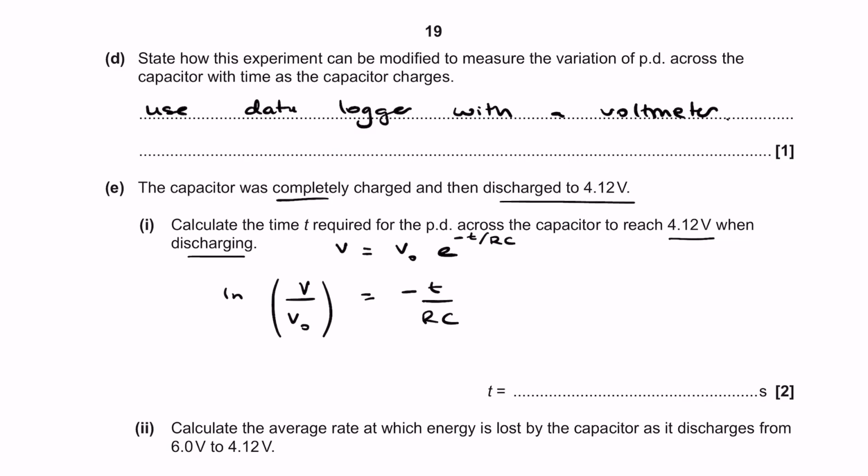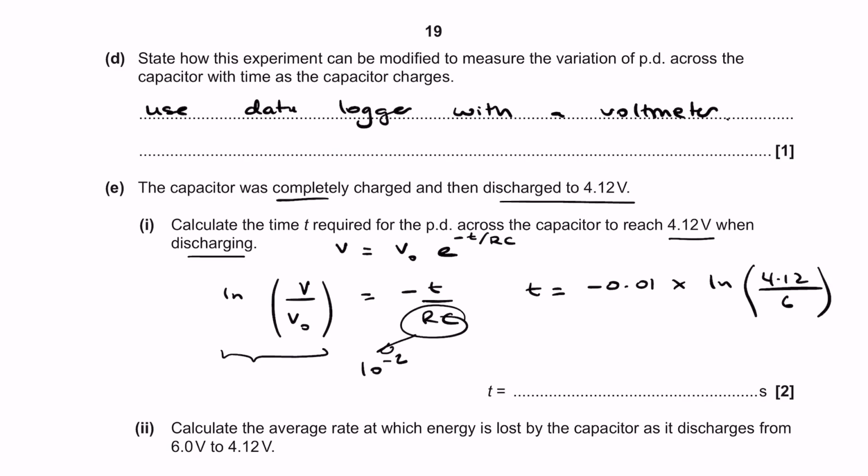And then this value is going to be negative, and so it will cancel out with the negative sign. And we know that RC is 10 to the minus 2, so we can work out t as minus 0.01 times ln of 4.12 over 6, which gives us 3.76 times 10 to the power of minus 3 seconds.